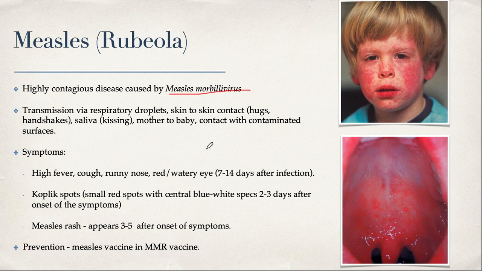And the symptoms include high fever, the cough, running nose, and then clinically, one of the most important diagnostic features will be the Koplik spots. So these are small red spots with central blue-white specks 2 to 3 days after the onset of the symptoms, and the measles rash will appear 3 to 5 days after the onset of symptoms.